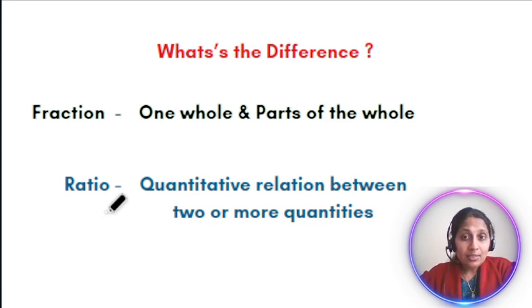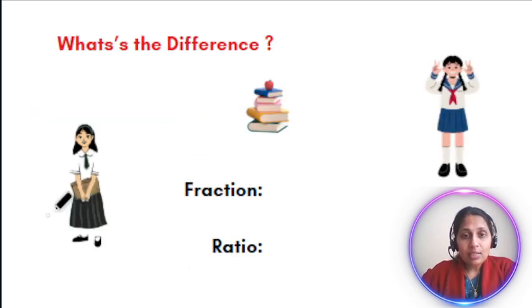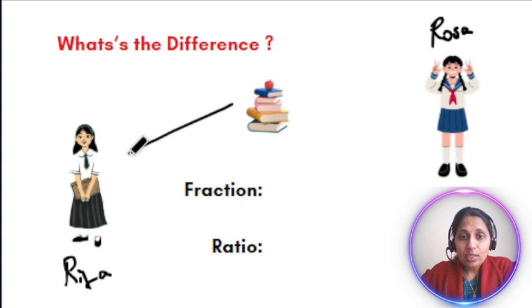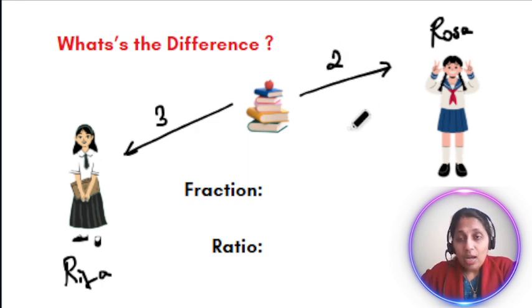Let's understand this better with an example. Let's take 2 girls named Ria and Rose. We have 5 books and let's distribute 3 books to Ria and 2 books to Rose. How do I say that in fraction?